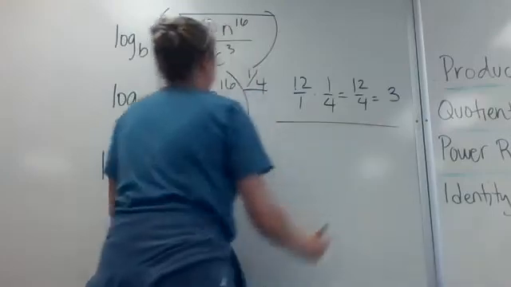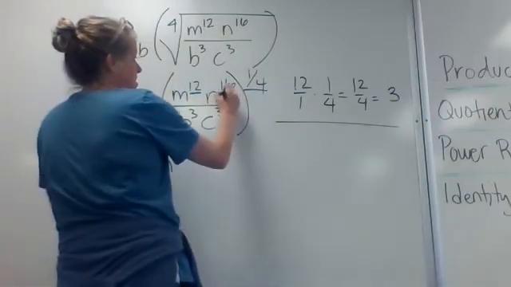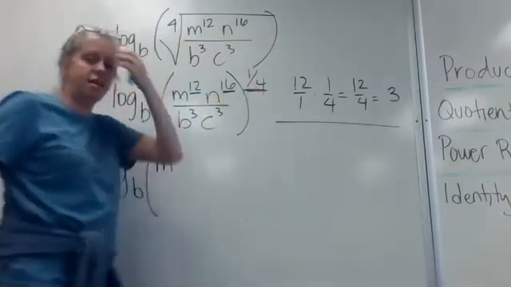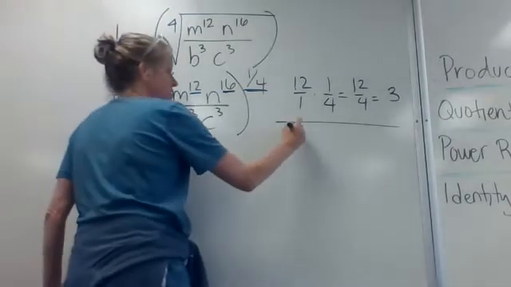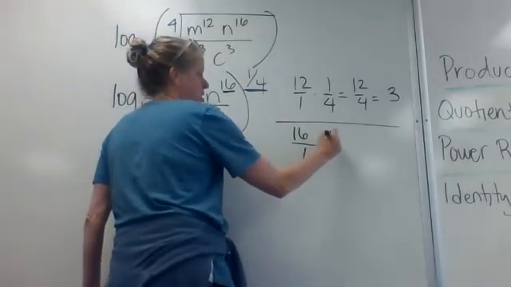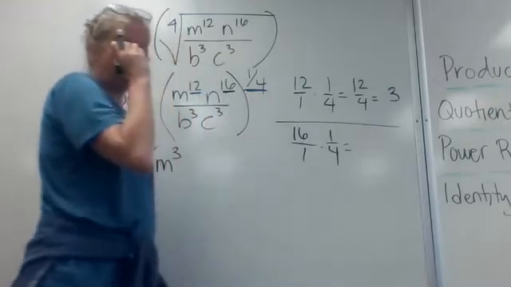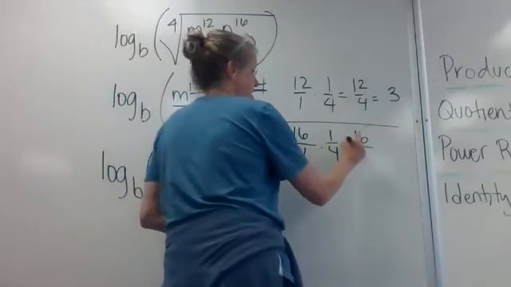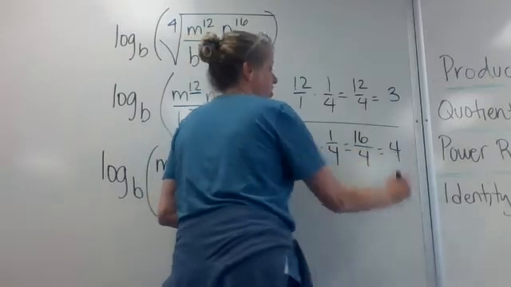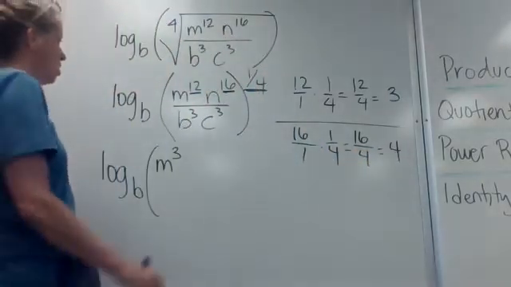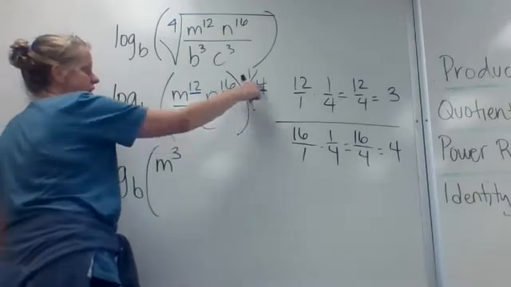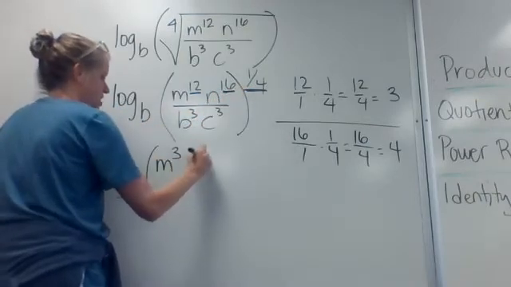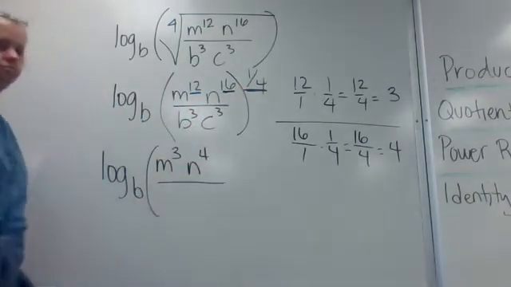Now the n. Its exponent is 16. I'm going to multiply it times 1/4. So I've got 16 over 1 times 1/4, which gives me 16/4, which is 4. So the n's exponent, after I multiplied those together, gave me n to the 4th.